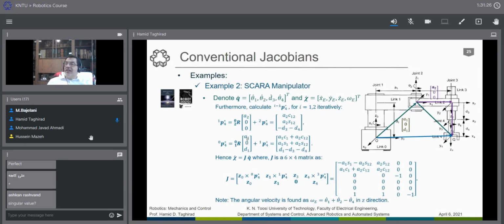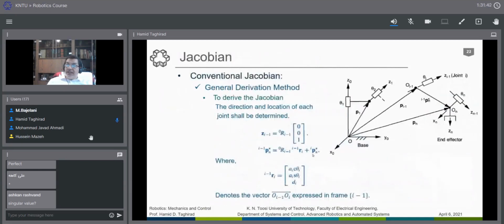We multiply it by R1 to 0 to bring it to the 0 frame, plus the previous vector that we have found here. Very simple. And what we are doing here, if you look at it, is exactly what is represented here.